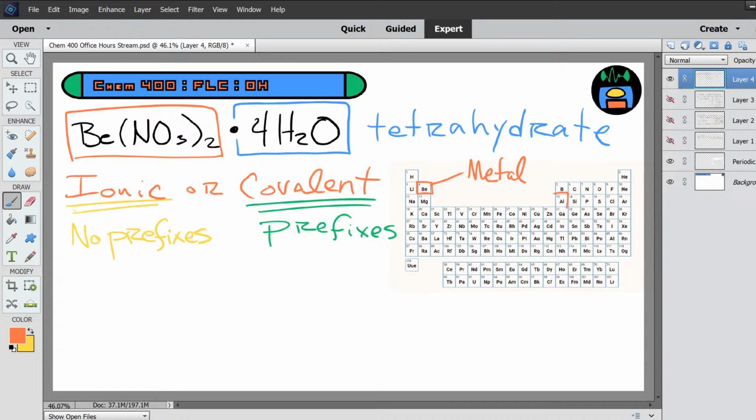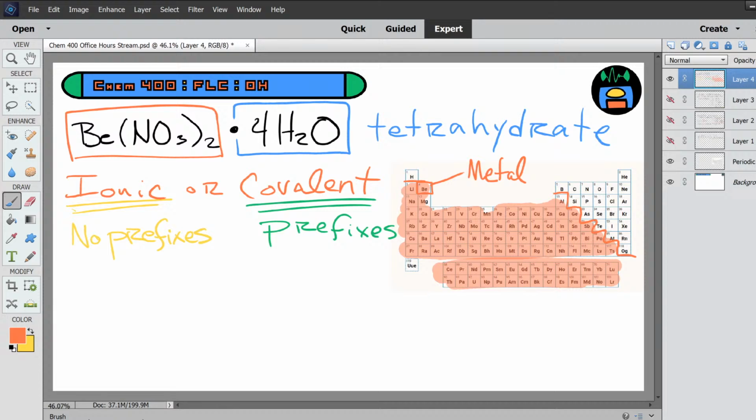Remember, this is the dividing line between metals and non-metals, where all the metals are right in here. So this is definitely Metaltown. That indicates that we're dealing with an ionic compound.